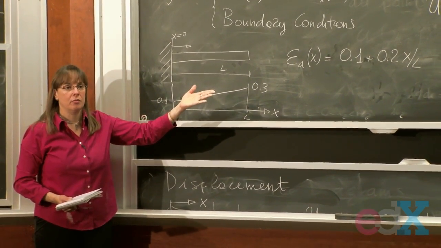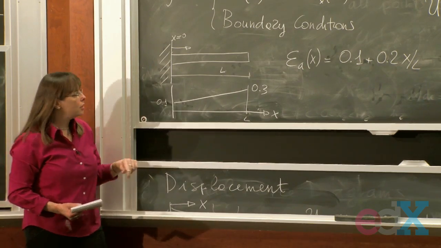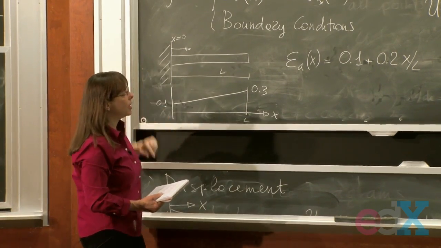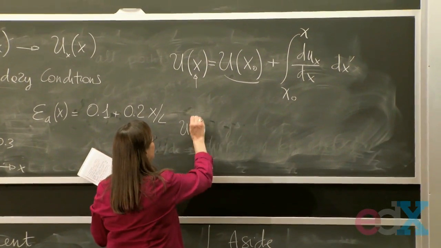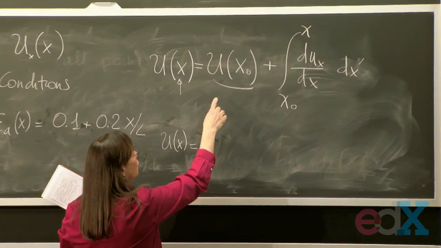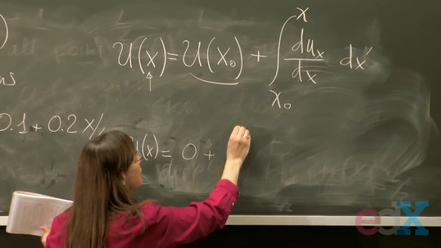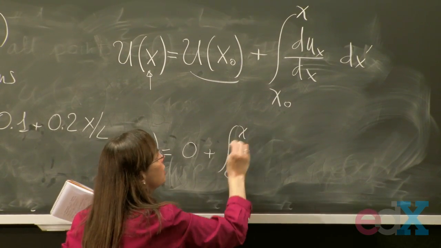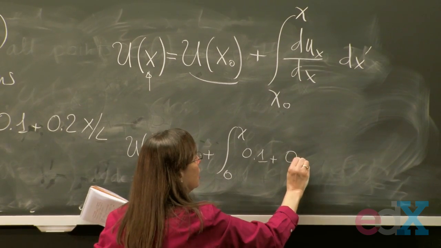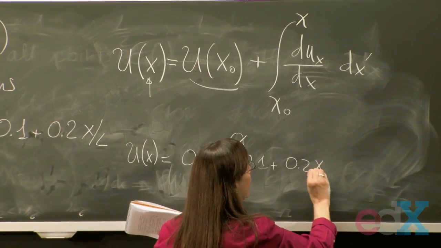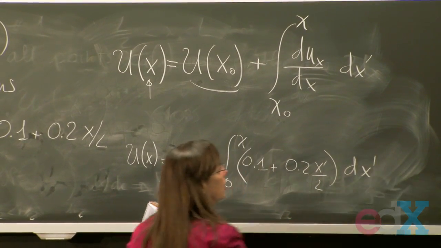You know it. Okay? And then I want you to give me what is u of x. And I tell you that the wall is at x equals 0. So you just plug that in. You say u of x is equal to u at x0, and x0 is the wall, so that is equal to 0 plus the integral from 0 to x of 0.1 plus 0.2 x over L in dx.